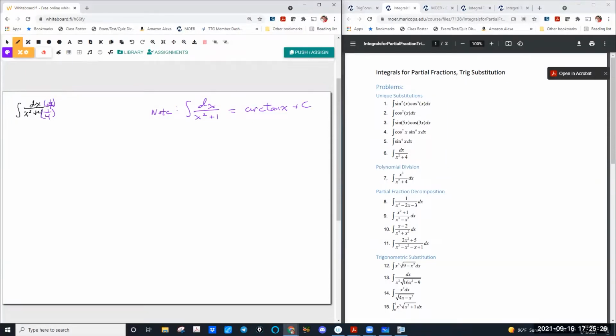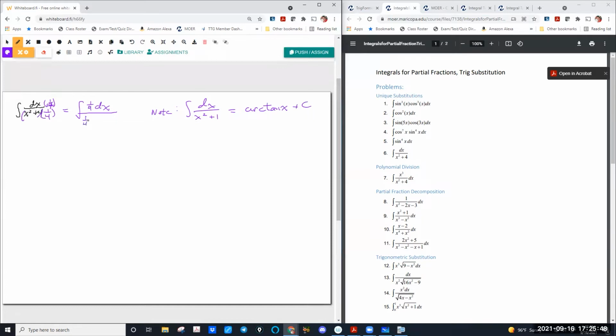And multiplying by 1/4 over 1/4 does not change what we have. So what does this look like? Well, I've got 1/4 dx. Sorry, it puts that little line in there on the 4s. It drives me nuts. Now here, that 1/4 does have to be distributed to both terms.